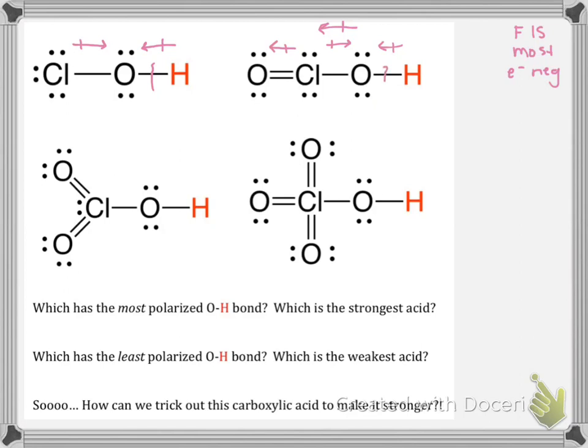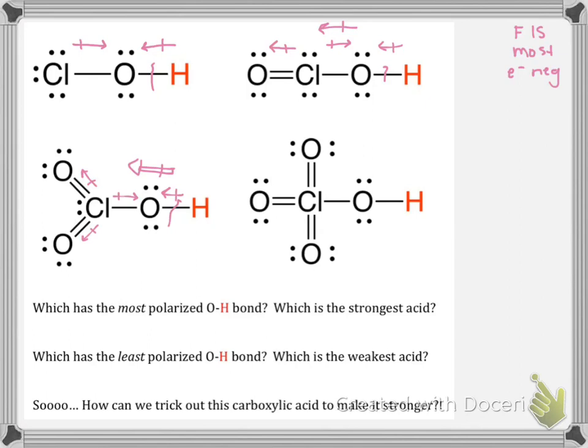And so this would be a slightly stronger acid. And then in the next case, now we have another oxygen pulling electron density away from the chlorine. And so now we kind of have 3 arrows pulling away from the hydrogen. So we have an even greater bond dipole moving away from the hydrogen in this case, making it a stronger acid than the last.